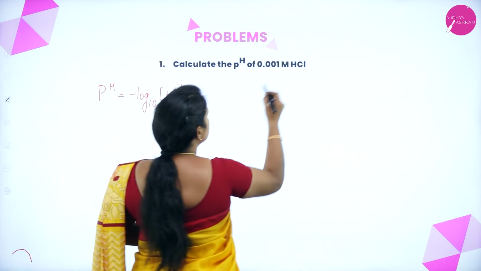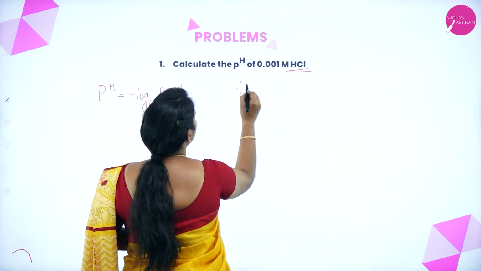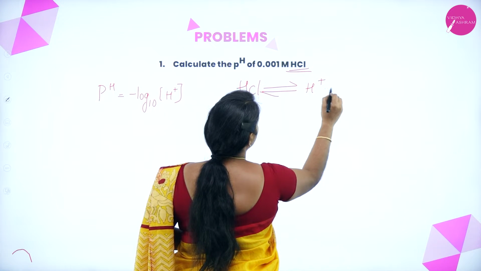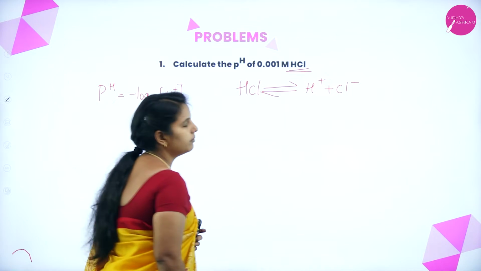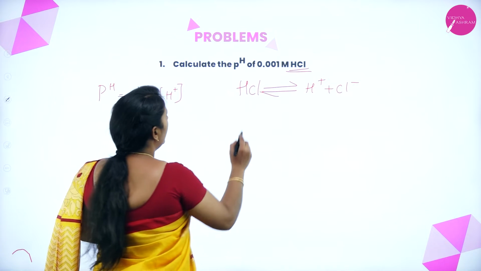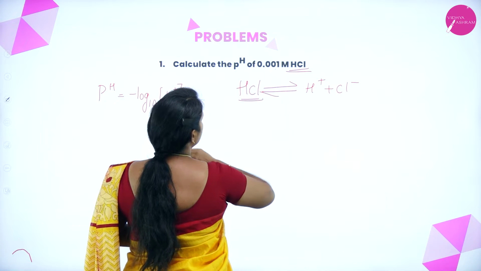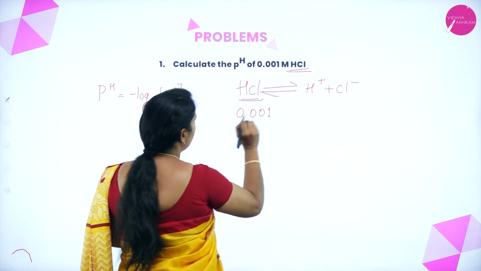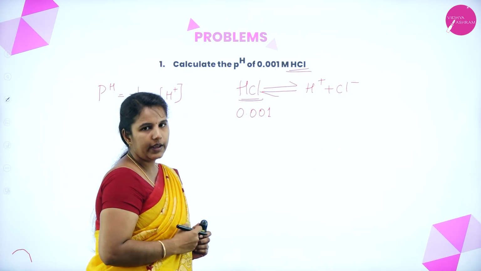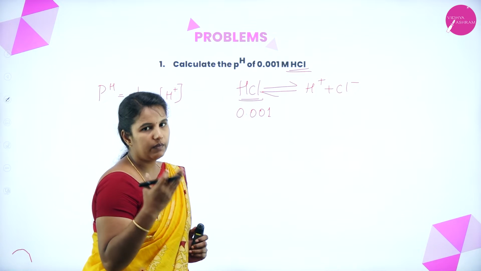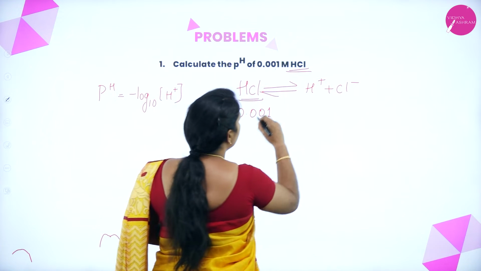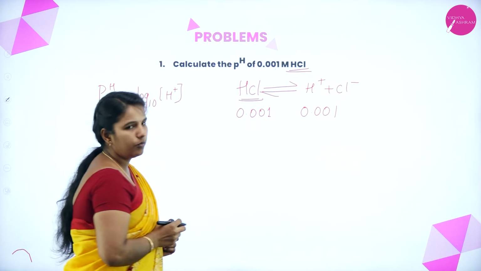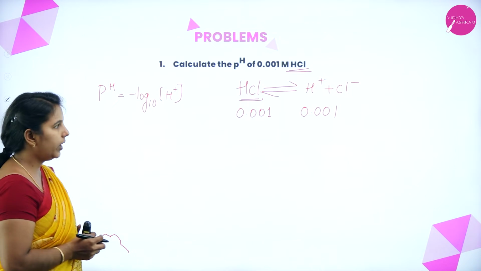If you see this hydrochloric acid, we know that at equilibrium it gives an H plus ion and a Cl minus ion. They have given the molar concentration of hydrochloric acid, that is 0.001. And we know that hydrochloric acid undergoes complete dissociation to give H plus and Cl minus ion, so the concentration of the H plus ion is also equal to 0.001.